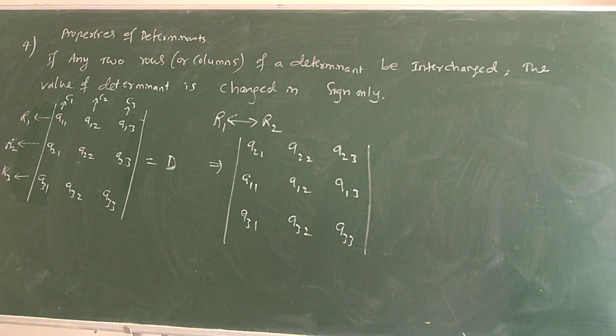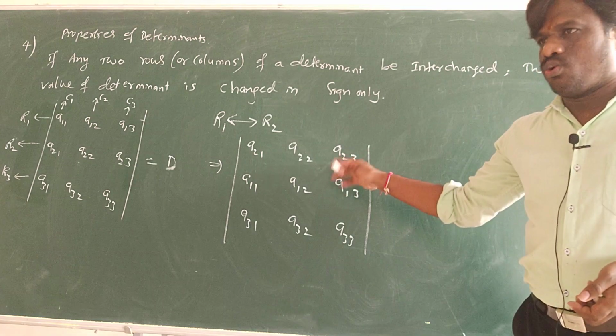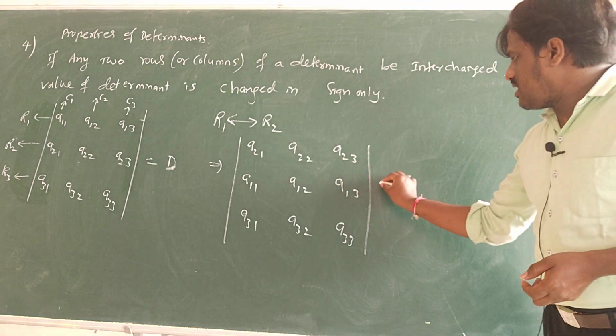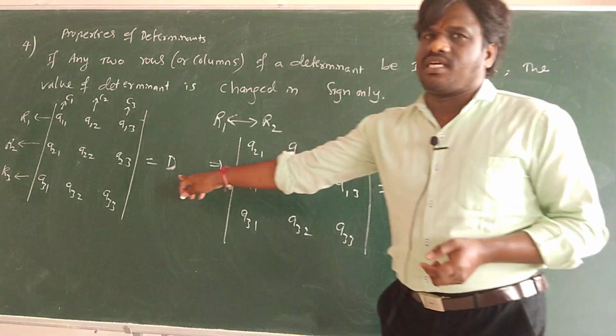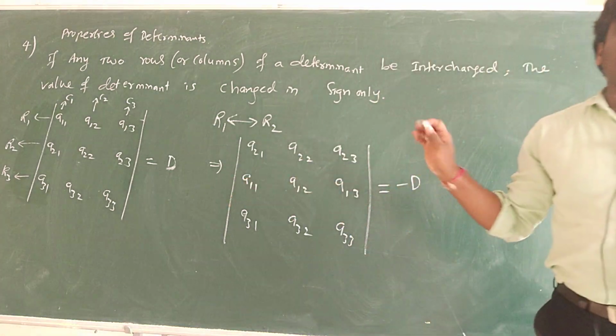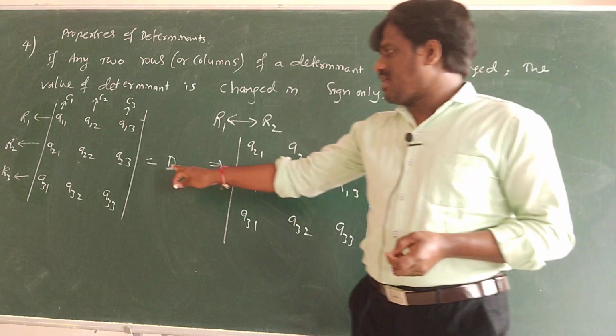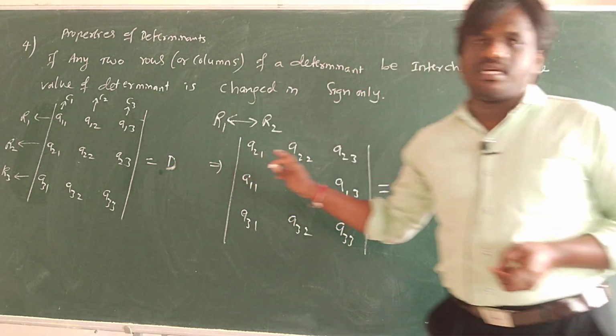When you interchange any two rows, the answer will be minus D. You have plus D here, so you get minus D. If you have minus D, then you will get plus D.